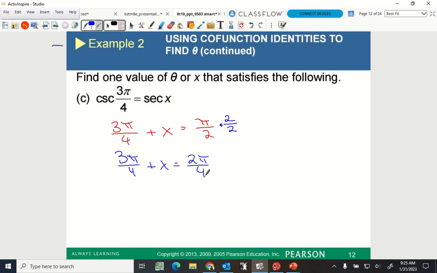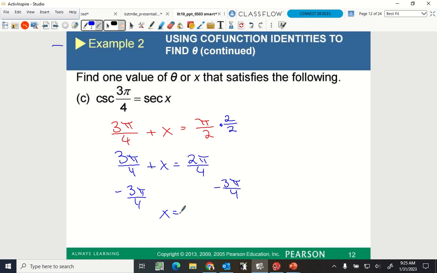So what am I going to do to that 3 pi over 4 to get my x by itself? Subtract it. So I'm going to get x is equal to 2 pi over 4 minus 3 pi over 4, which is going to give me negative pi over 4.